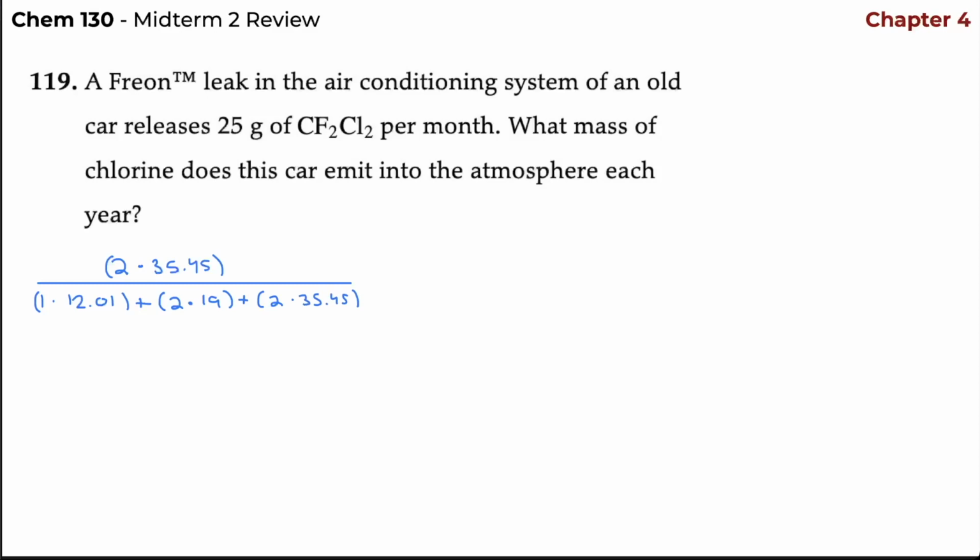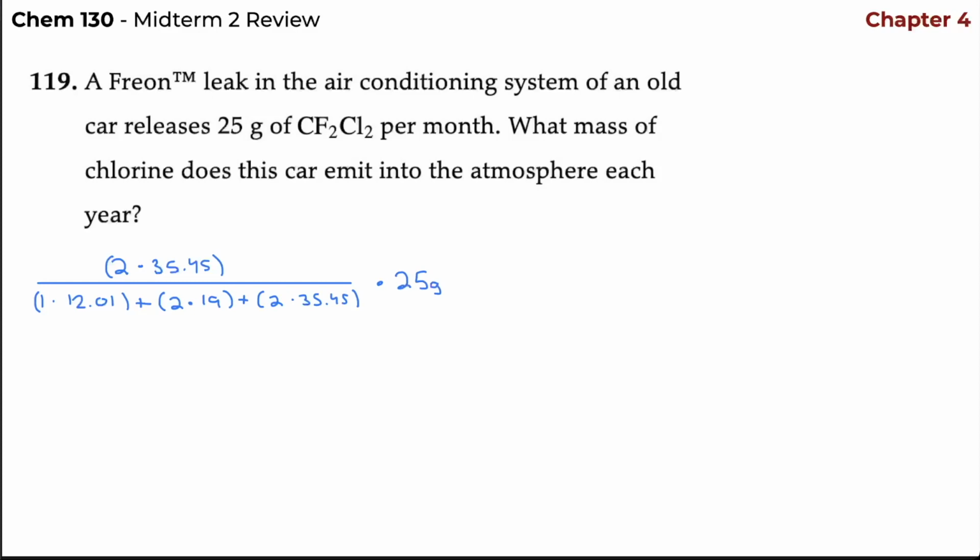So there we go. Now, what we're gonna do with this number right here is, this is the percentage of chlorine in the entire molecule. Now we're gonna take that percentage and ask, what is that percentage of the 25 grams? So we're gonna multiply by the 25 grams.